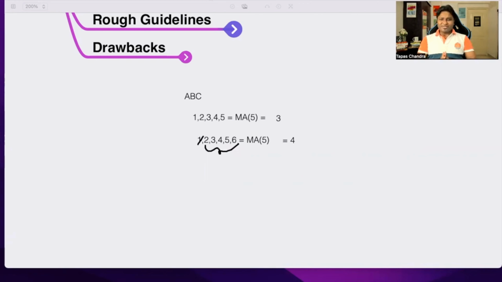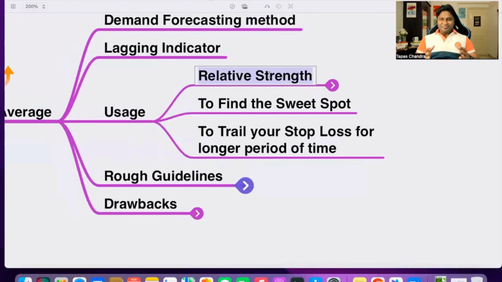Now, the first one, number one which we talked about: we can use moving average to identify the relative strength of the stock. This is the concept by which we will be able to identify the strongest stock in the market to trade. As you already know, whenever you want to buy a stock, you must buy the strong, and if you want to sell a stock, we should go for the weaker stocks, because the weaker stocks are weak for some reason, right?